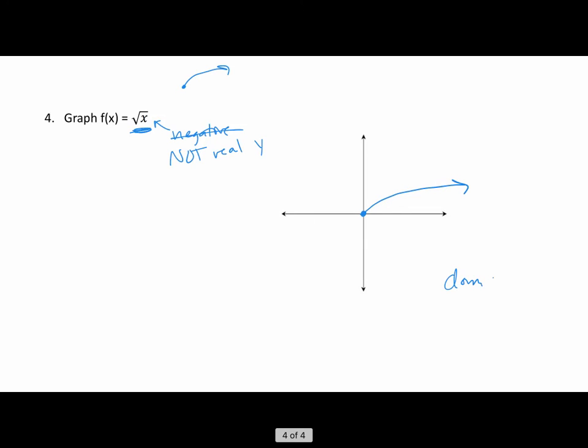So the domain then, for this basic function from left to right, we start at 0. And actually, we include 0, so that's included. And then we go off to infinity, which is never included. So if you want to find the domain of the square root function, you just take whatever is inside of the square root.